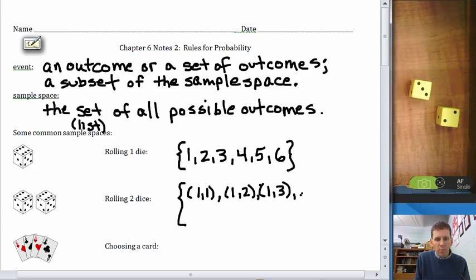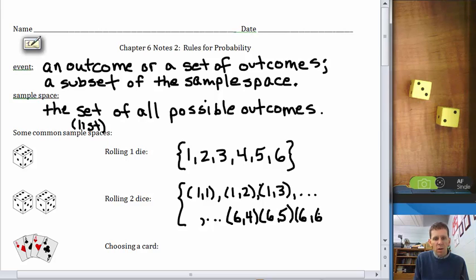So what I might do is something like (1,1), (1,2), (1,3), dot, dot, dot, and then later on, dot, dot, dot, (6,4), (6,5), (6,6). We'll use set brackets here. For rolling one die, we knew that there were 6 outcomes altogether. For rolling two dice, there was a total of 36 outcomes.